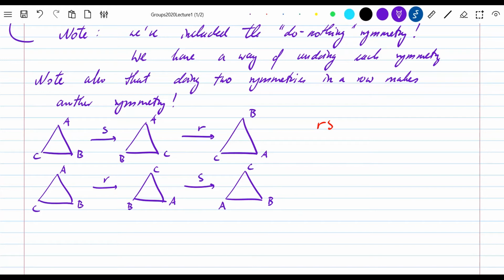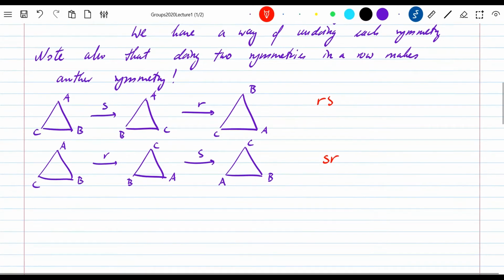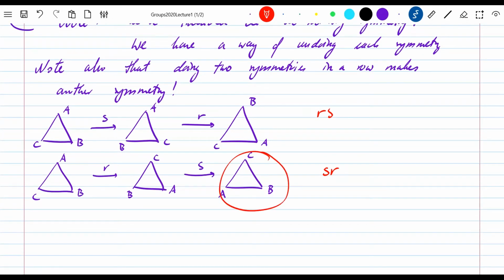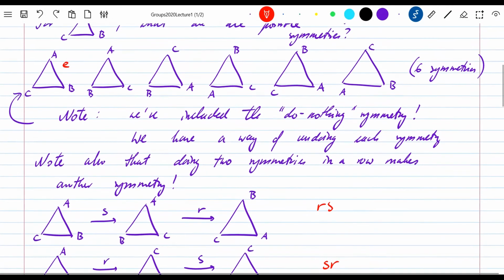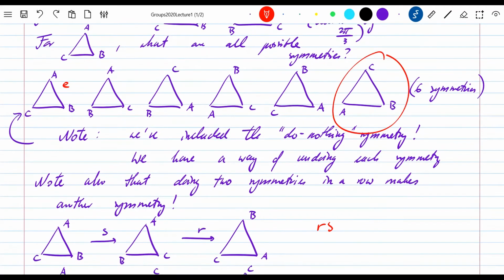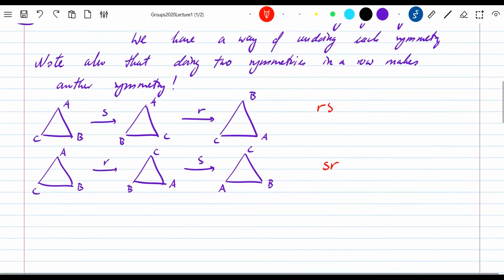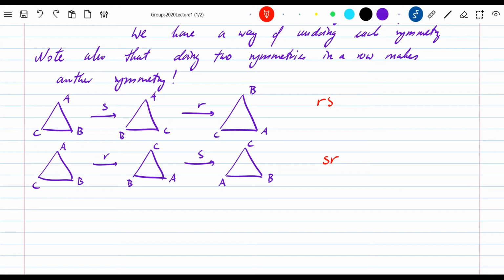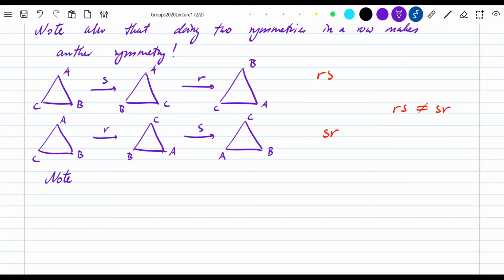And so that's my element SR. What I can notice is that this is a symmetry that's already on my list. It's right here at the end. But what I notice is that actually the order matters. So RS is not equal to SR. That's important to note, that sometimes the order in which I do symmetries matters.